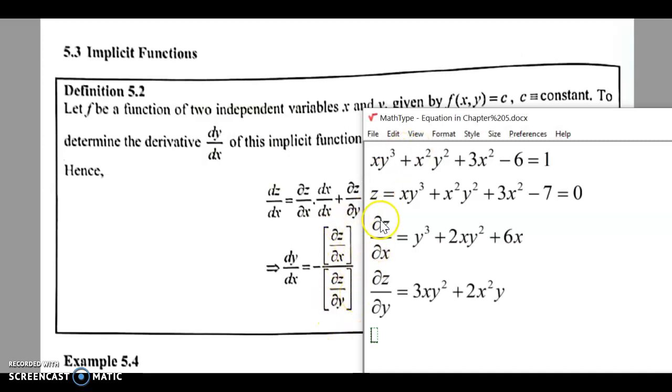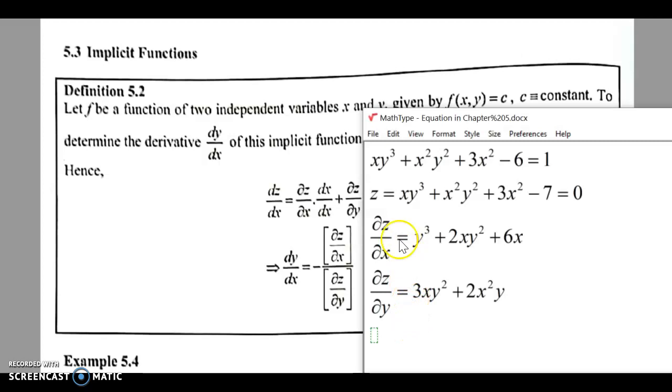So the partial derivative of z in terms of x. Just conduct the partial derivative. So this is what you should get for x, and this is what you should get for y.